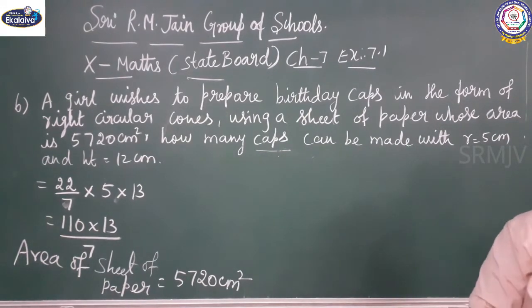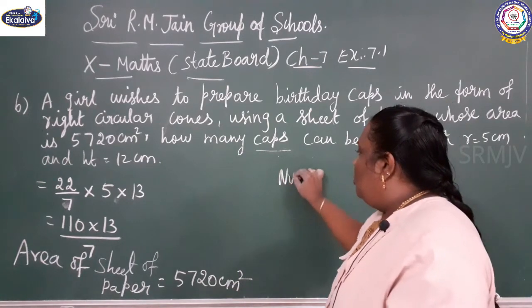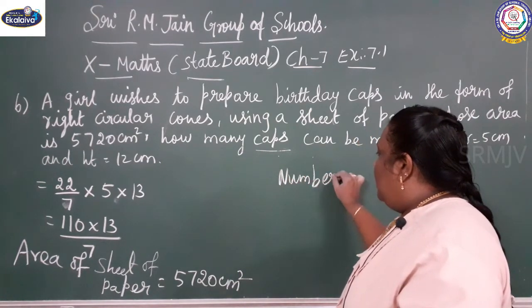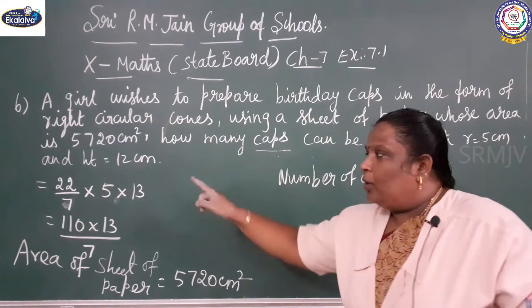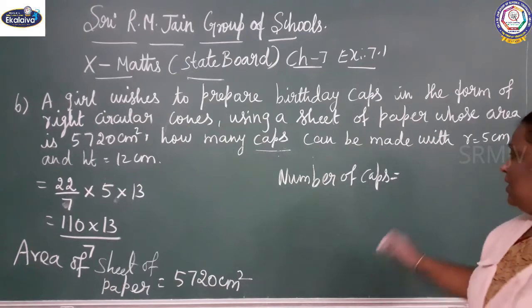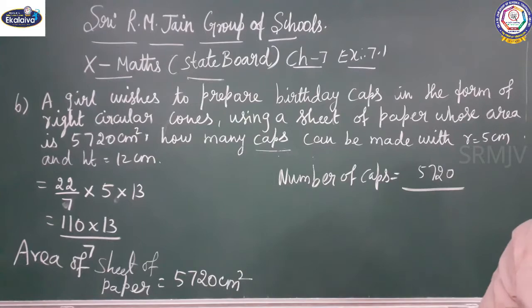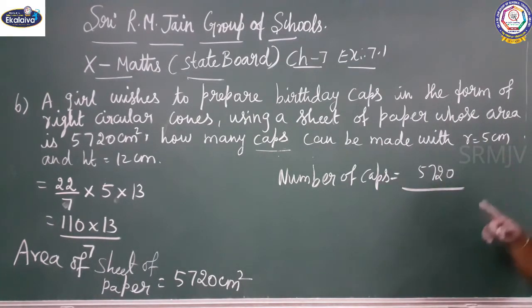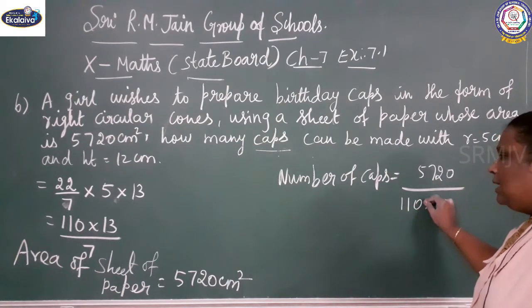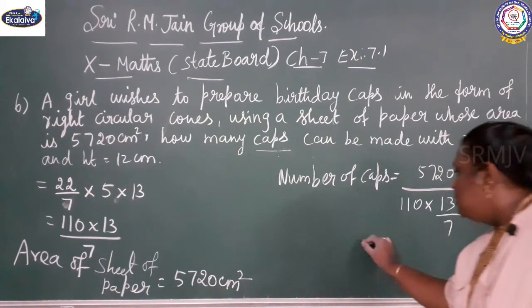Number of caps equal to total sheet area, 5720, by the curved surface area of the cone with height 12 centimeter and radius 5 centimeter, which is 110 into 13 by 7.